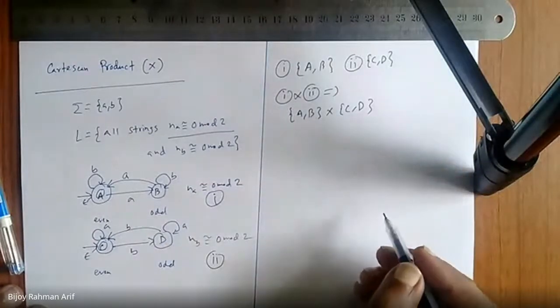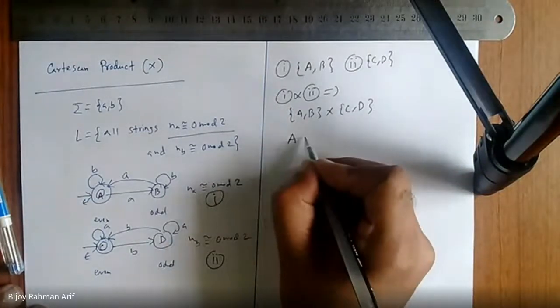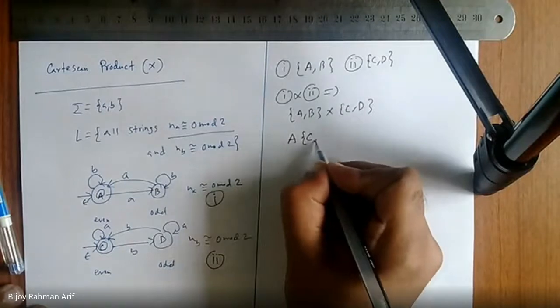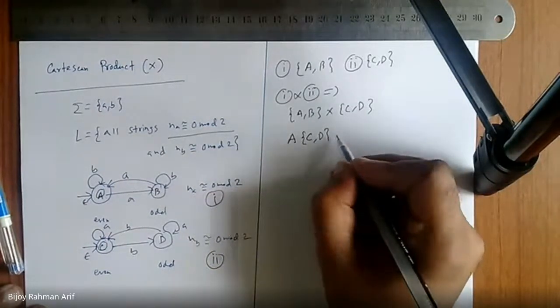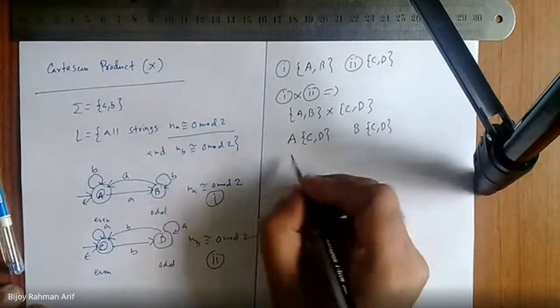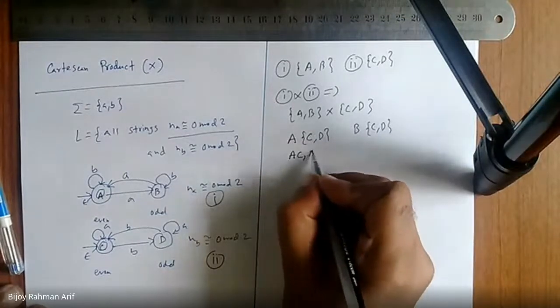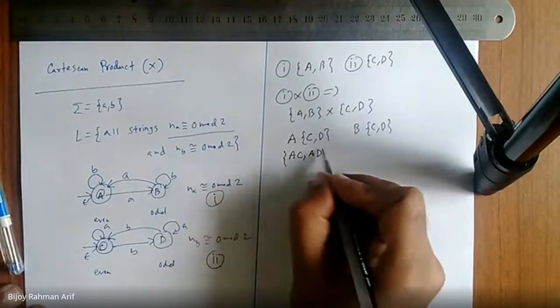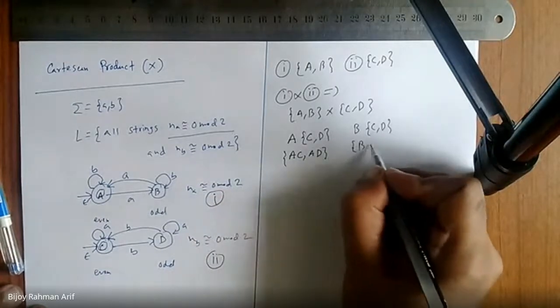For A, I should have C comma D, and also for B, I should have C comma D, which is nothing but we should have AC, AD, and we also should have BC, BD.